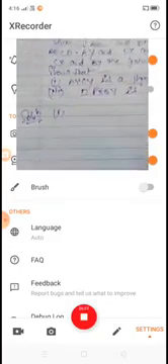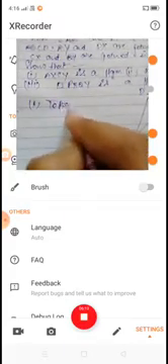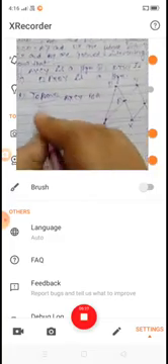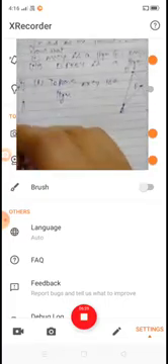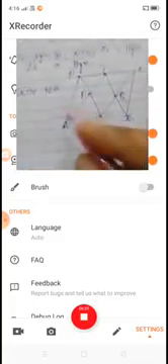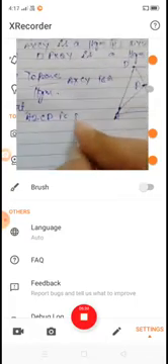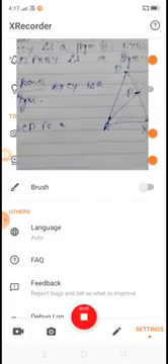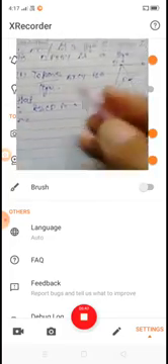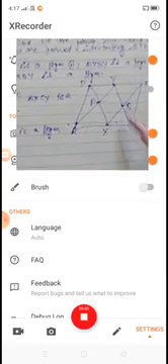Take the first part of the question. We have to prove AXCY is a parallelogram. For that, since ABCD is a parallelogram, by the definition of parallelogram, opposite sides are parallel and equal to each other.